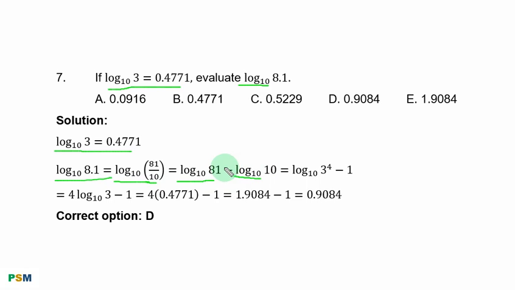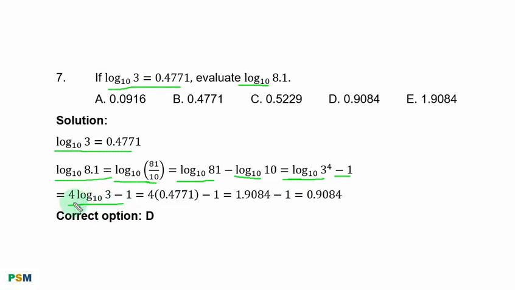You can express 81 in terms of 3. That is log 3 power 4 base 10. Now log 10 base 10 is 1. The power 4 comes back to multiply the log in this form.